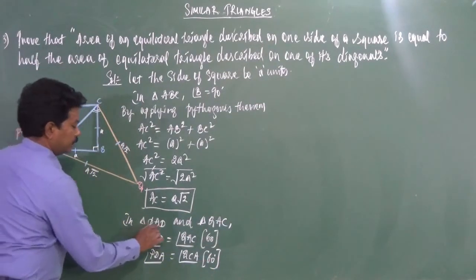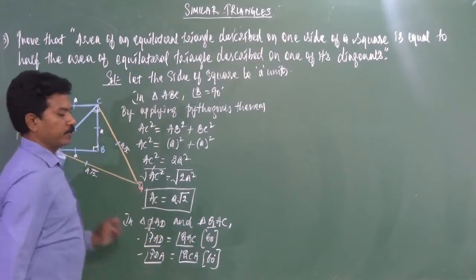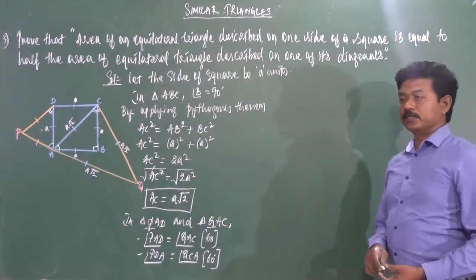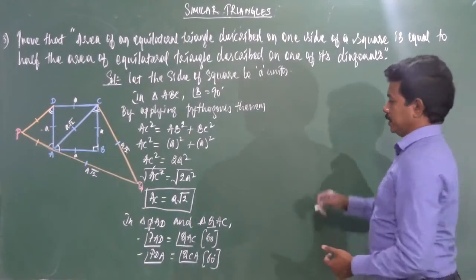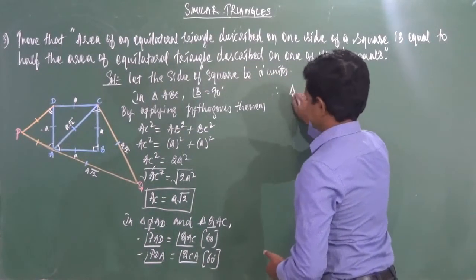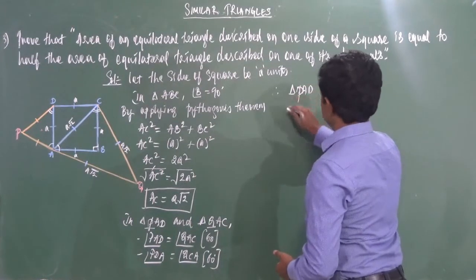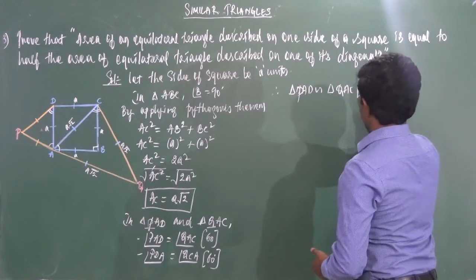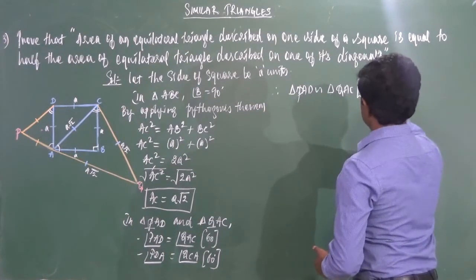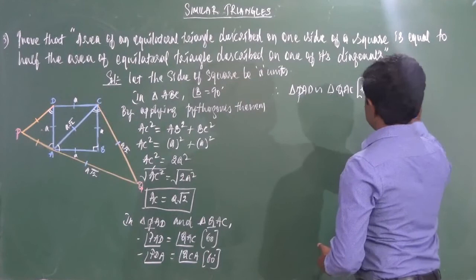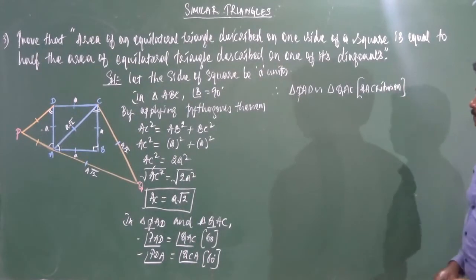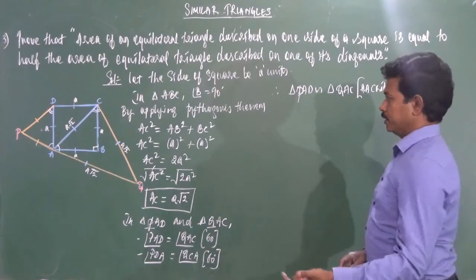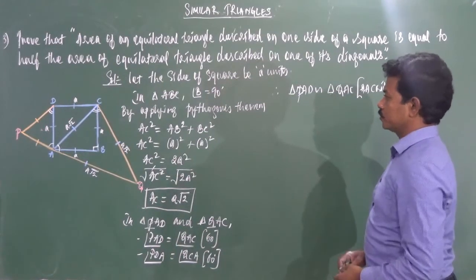So now, in these two triangles, two pairs of corresponding angles have become equal. So therefore, according to AA criterion, both the triangles are similar to each other. So therefore, triangle PAD is similar to triangle QAC according to AA criterion. So now we can take the ratio between the areas of two triangles here.